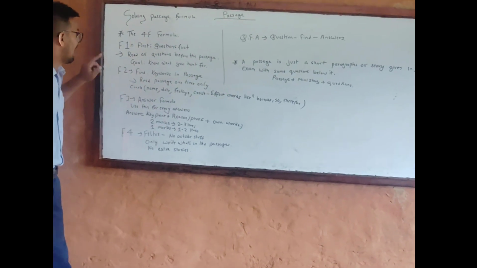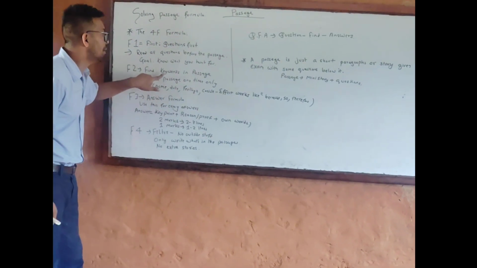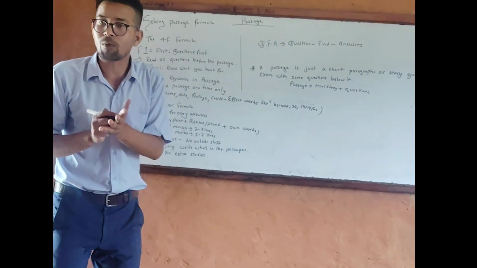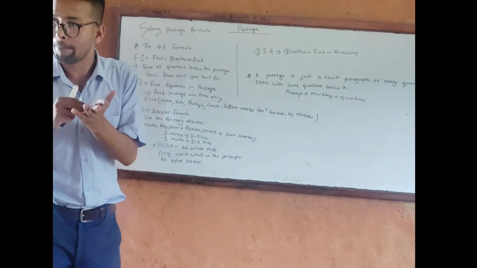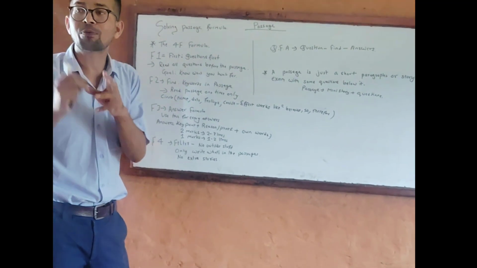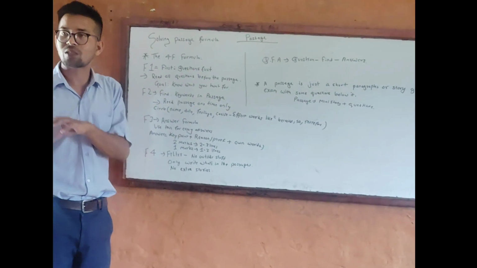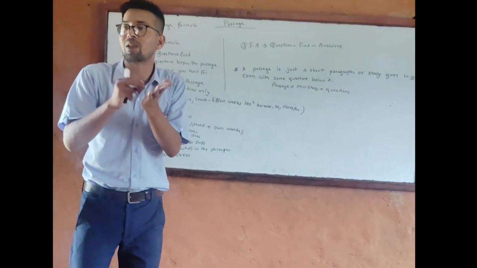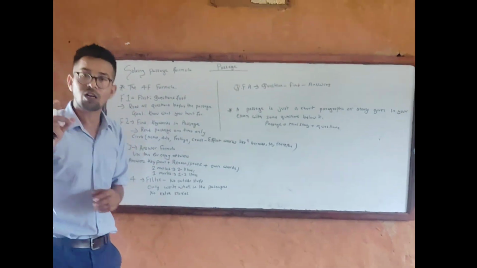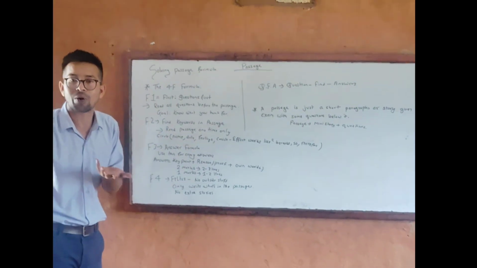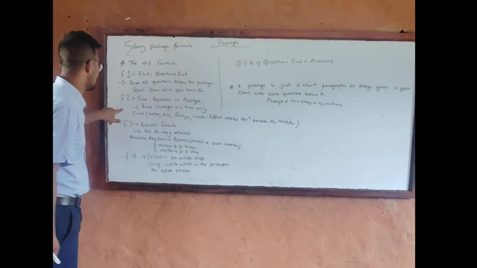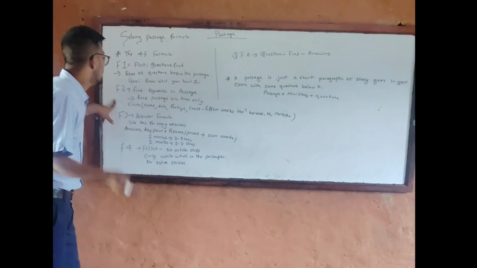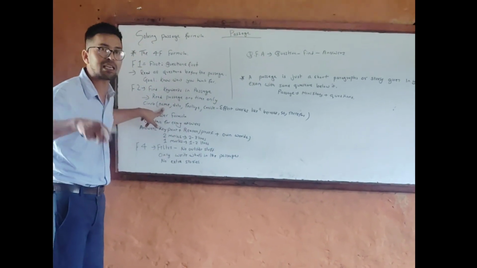And then after that, F2. Find keywords in the passage. In some questions, a keyword is given. The same word is given, so you have to hunt for the same word. If the question asks about discipline, and you read the passage, the word discipline is written there. So you have to hunt for such a keyword to relate the answer. After that, you have to circle the nouns, the naming words.